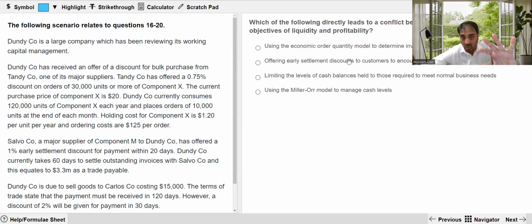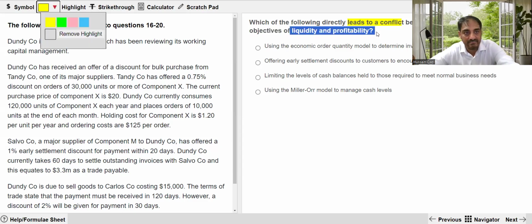Final. Last OTQ. Which of the following leads to conflict between the working capital objectives of liquidity and profitability?